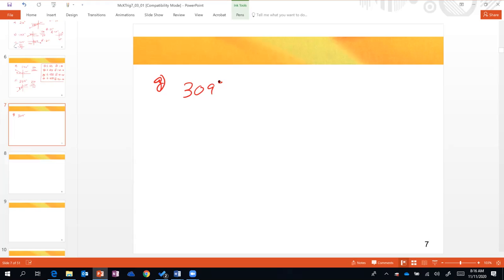The only piece that we probably want to know is in which quadrant, and this should be at the forefront of our mind. Oh, 270. So I think we know that one already, right? But just as a reference, there it is. 0, 90, 180, 270. As soon as you pass 270, you know you're in quadrant 4. And so without graphing this, it's going to be 360 minus 309, 51 degrees. Done. There we go.